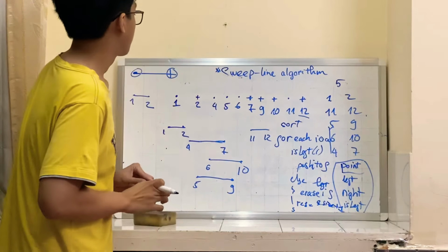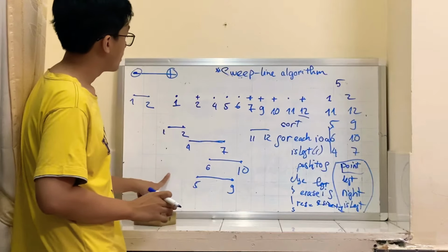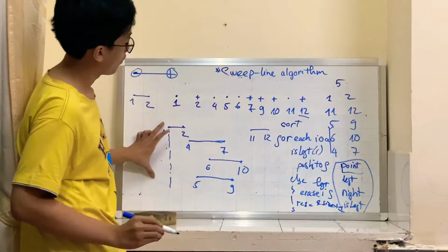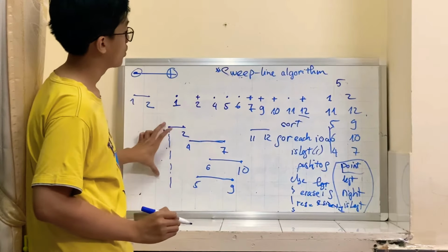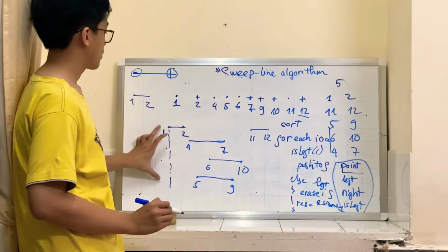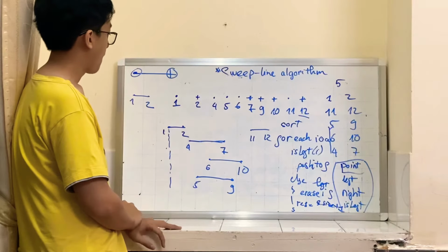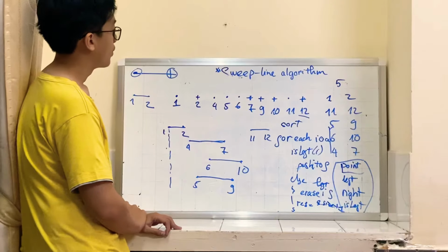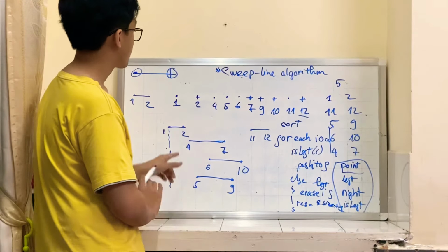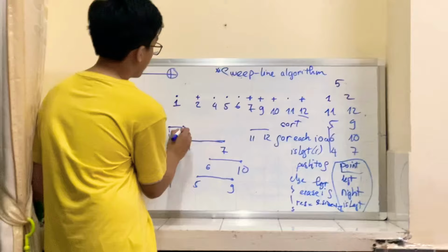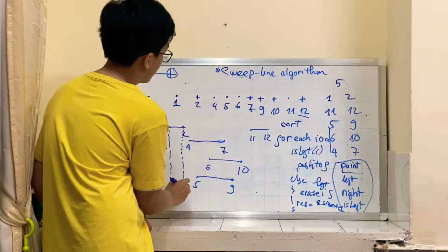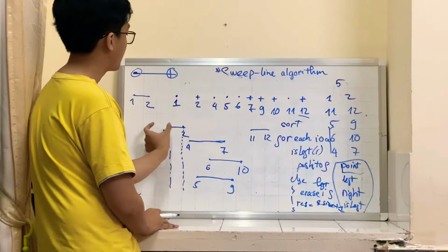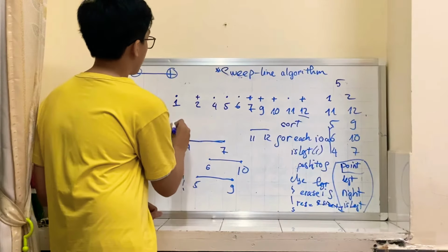First we take 1. We push 1, so we know the sweep line of 1. This one is the sweep line. Next we come to 2. The next sweep line is over here, and then we know the pair, the line, so we delete the line.